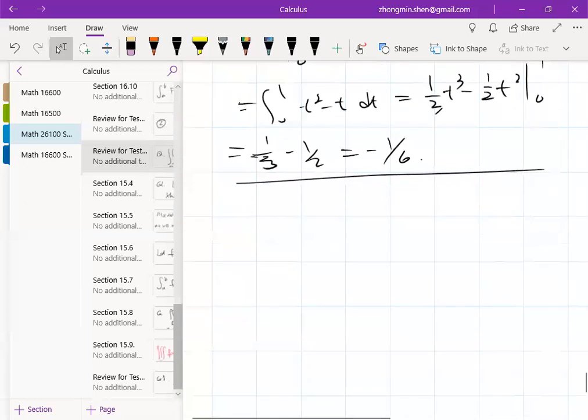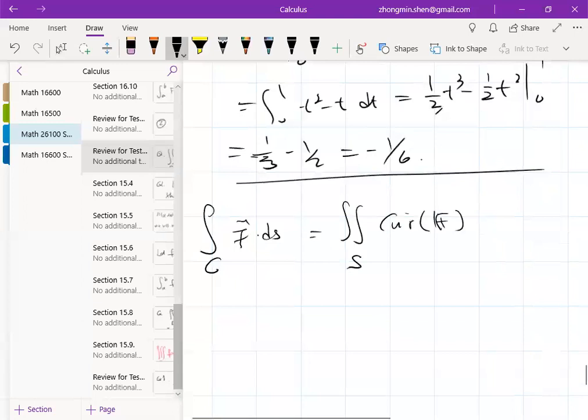Now we're going to use Stokes' theorem. Using Stokes' theorem, it will be the surface integral of the curl of the vector field dot dS. Let's compute the curl of the vector field first.